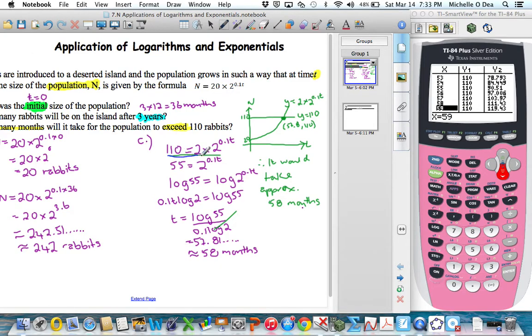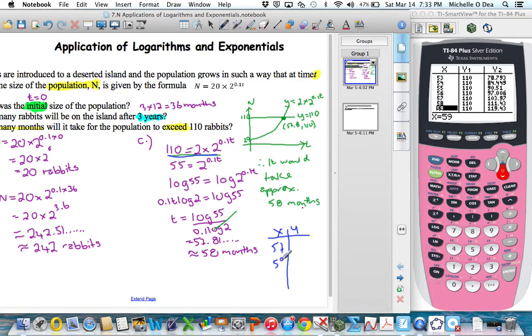Your working out would still be the first line, and then you'd have x, y, or of course you can put t and n, and your answer is 58, so you write down the one above and the one below.